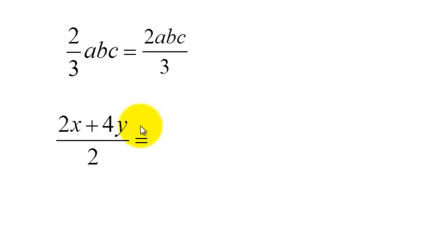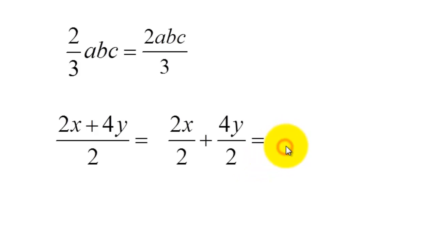If I have 2x plus 4y divided by 2, everything was divided by 2, we can separate our numerator as 2x over 2 plus 4y over 2. And then we can simplify our first fraction, x, because we can cancel 2. And then 4 divided by 2 is just equal to 2 times y.